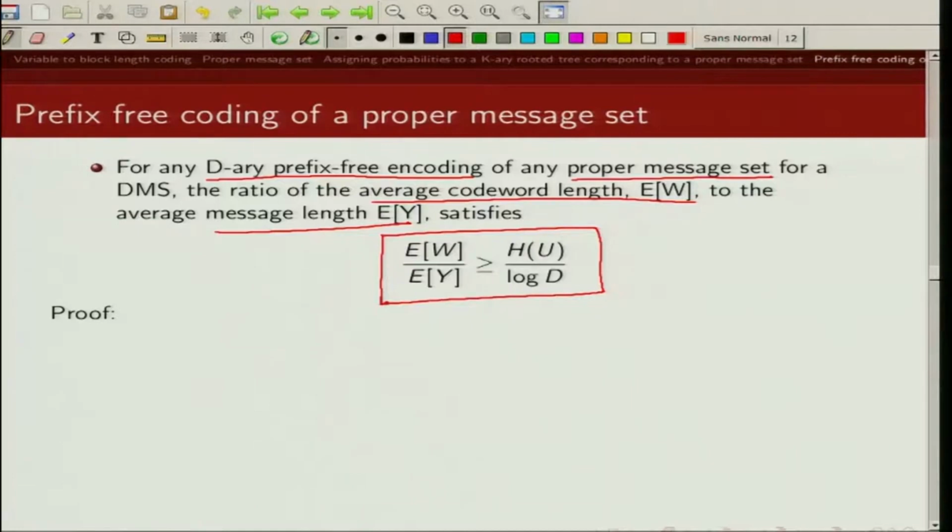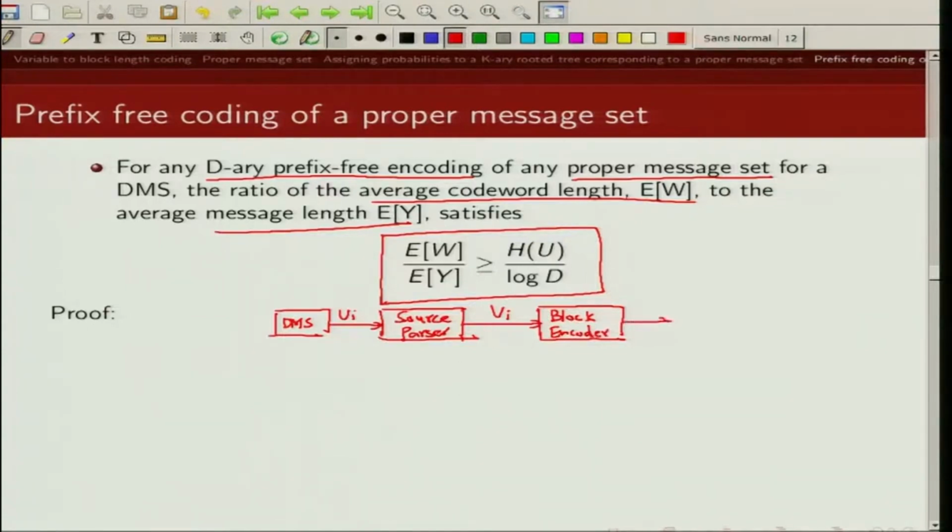So again, let me clarify the scheme that we are looking at. We have a discrete memoryless source which is spitting out these Uis. I am using a source parser, a proper message set, let's say, to parse my sequence. I get my Vis here. Now this is passed through, let's say, a block encoder. What the block encoder does is a one-to-one mapping of these Vis to a fixed block length code.